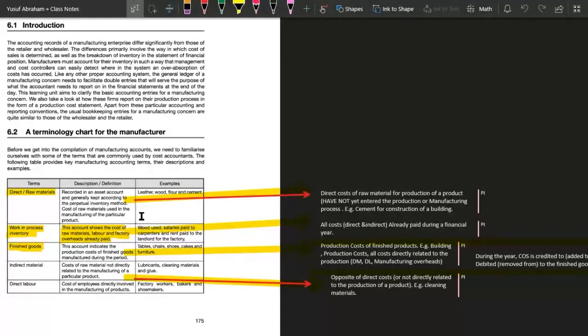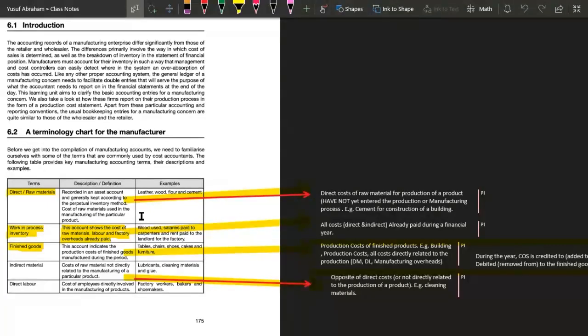But then comes this very important concept of work in process. The work in process is very simple. In other terms, that is the actual manufacturing or production parts, right? So that's what we call work in process.